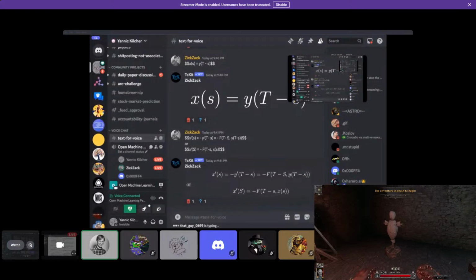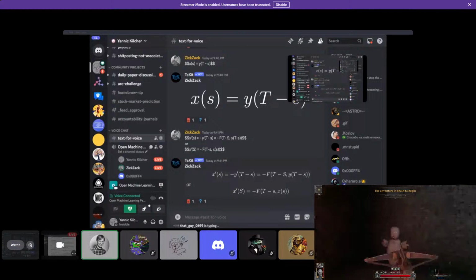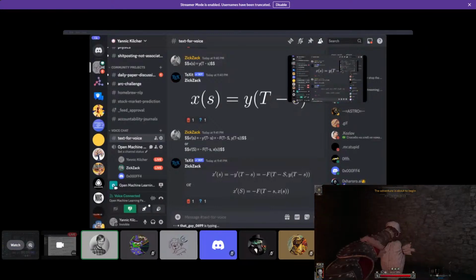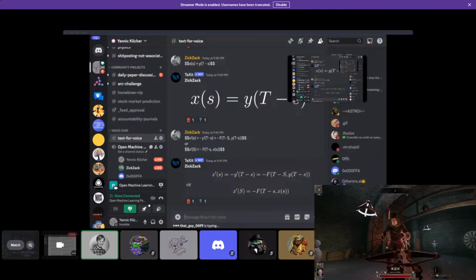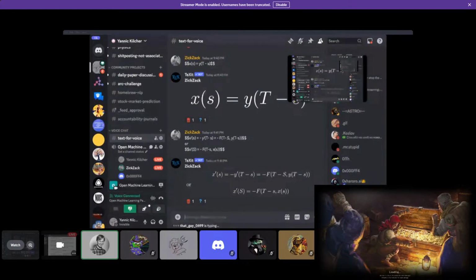If you continue rewriting, you get x'(s) equals f(t minus s, x(s)). Basically, if you have the forward gradient field, you automatically also have the backward gradient field. You count backward in time, and instead of going up the vector field, you go down the vector field. So instead of going plus f, you go minus.